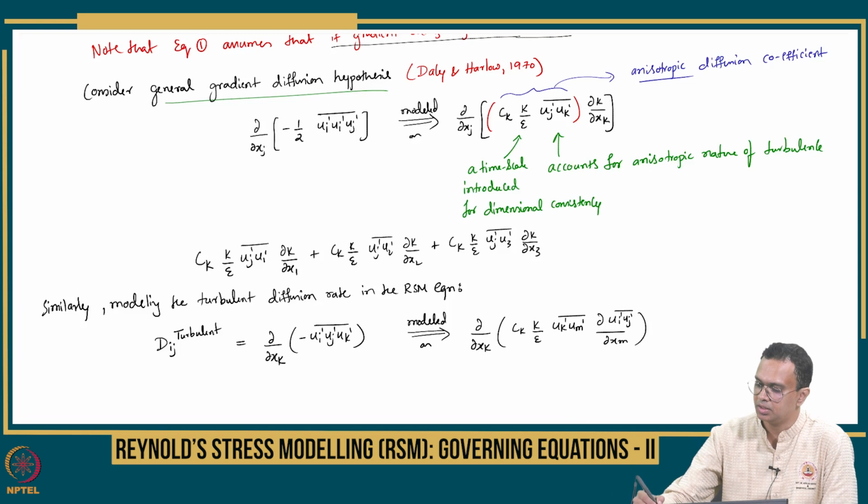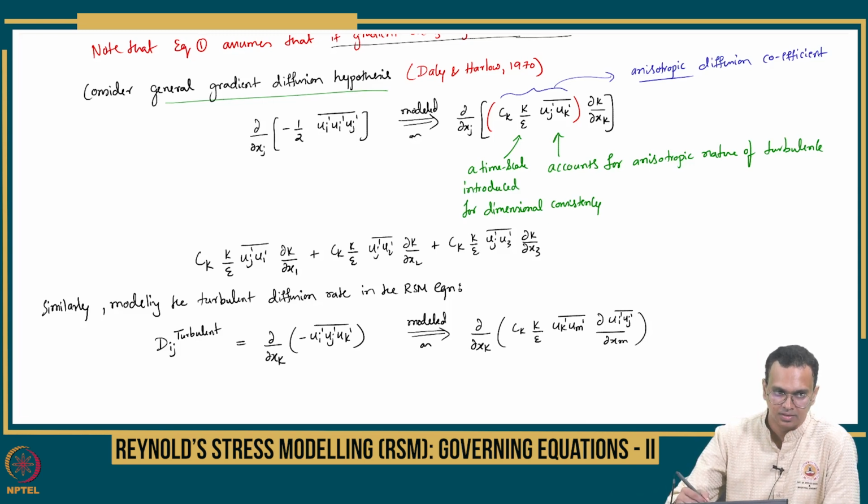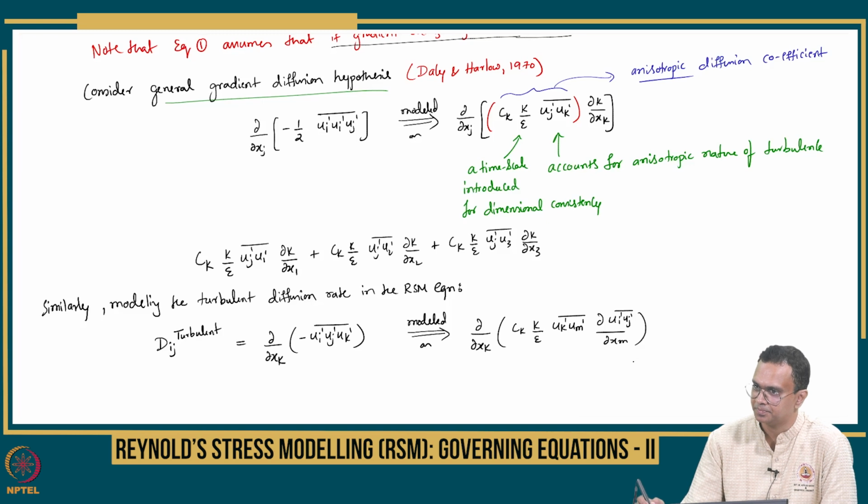There k was introduced in the k equation, a repeated index k, so that tensor rules are followed. Here m follows here, so it's a sum of 3 extra terms basically. k is the divergence term, but m is introduced so that this is a sum of 3 terms internally.